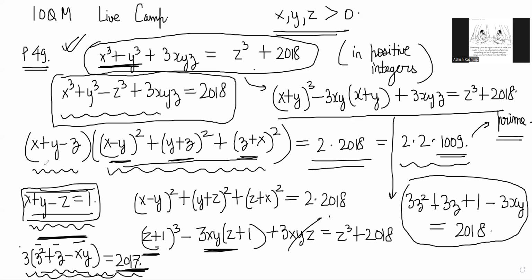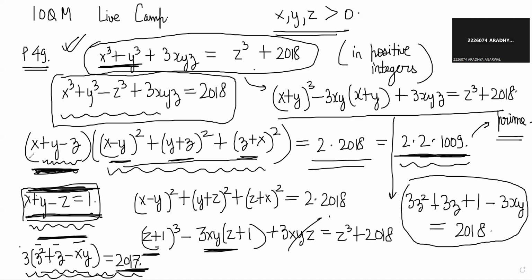So therefore, that means that this number cannot be 1. So now we'll take the case that it could be 2 then, right? Do you understand what I will try now? x plus y minus z could be 2, right? Because the final thing is this. Yes.